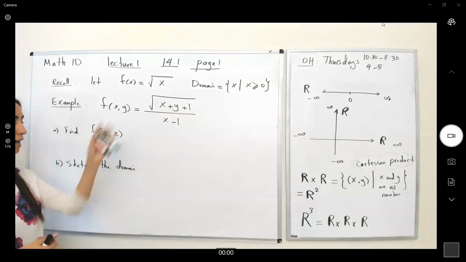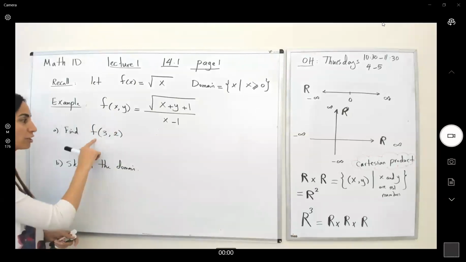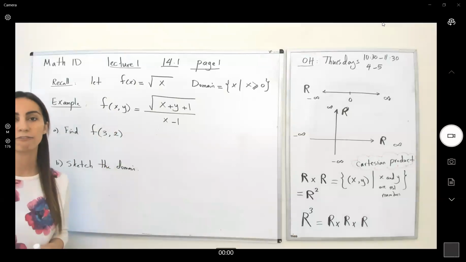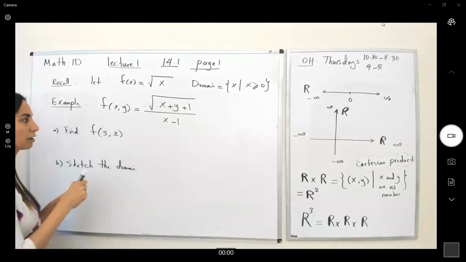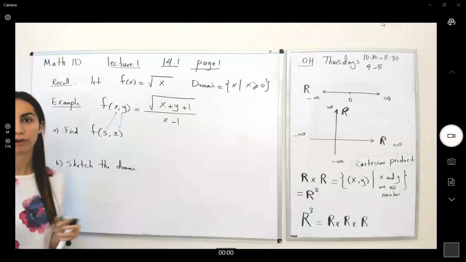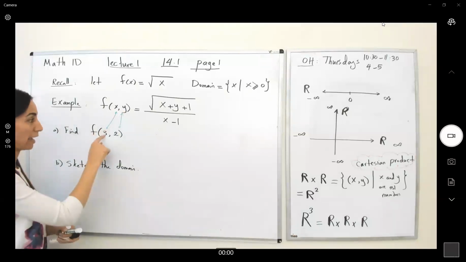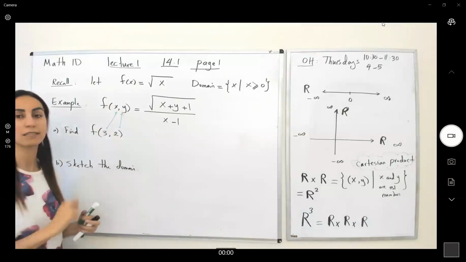Okay. We have a function in two variables. First, we want to evaluate the function when x is 3 and y is 2. The order is important. Here you have an ordered pair. X is 3, y is 2.